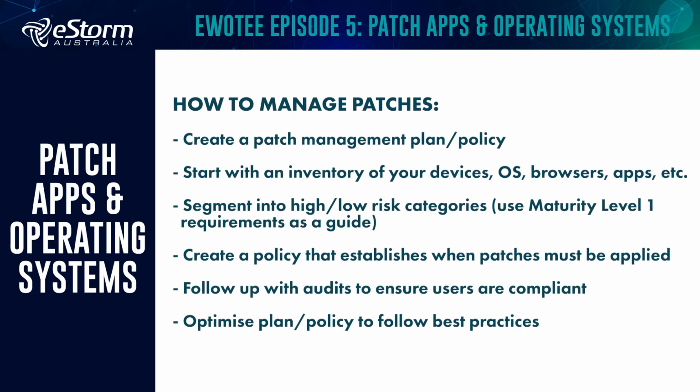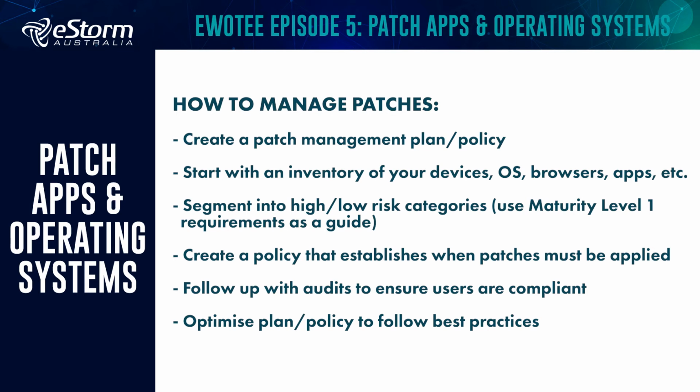The best way to keep on top of patching yourself is to create a patch management plan and policy. To do this, you first start with an inventory of all your devices, your operating systems, your browsers, and your third-party applications your users have installed on your network, and then segment them into high and low risk categories.